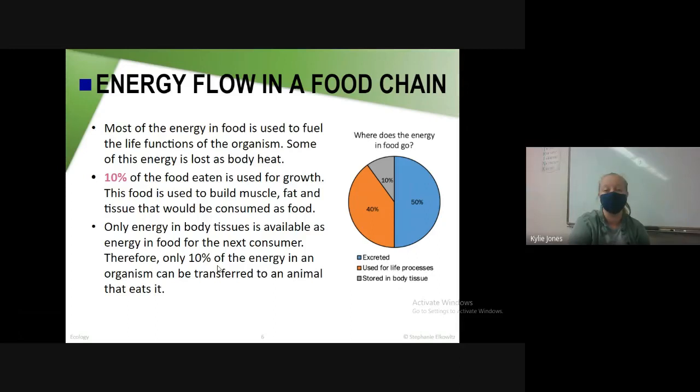It eats the tissue and stuff, right? It's not going to eat the bones and the hooves. It eats the meaty parts of it. The meaty parts, the tissue parts of that gazelle hold 10% of the energy. So that lion is only getting 10% of the energy from the gazelle.